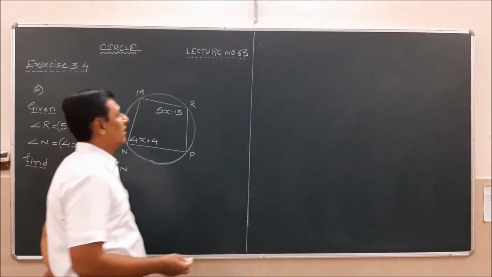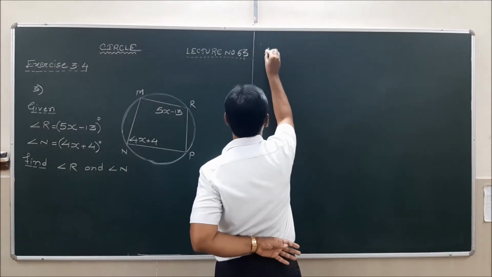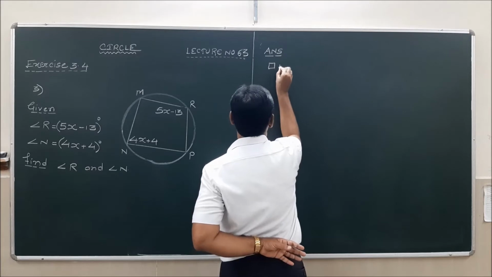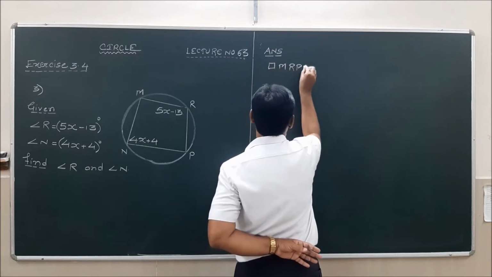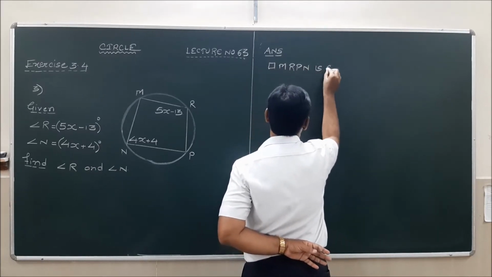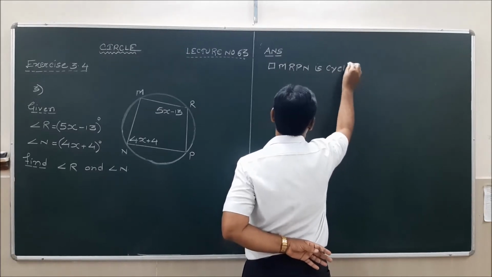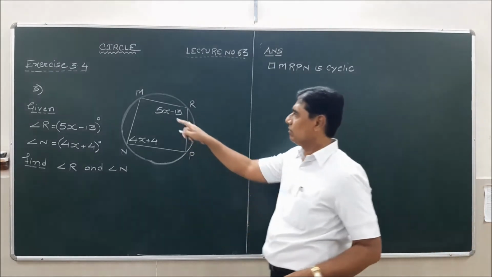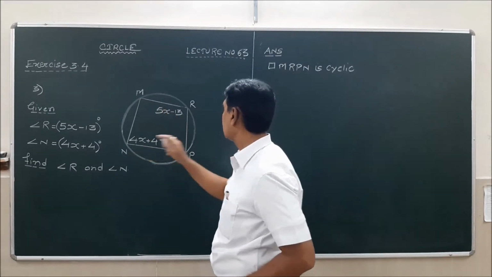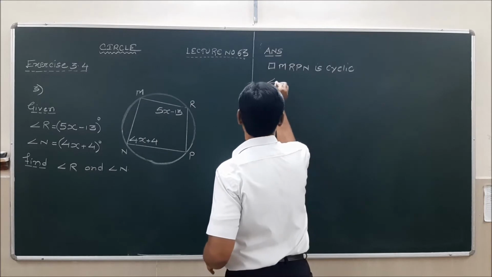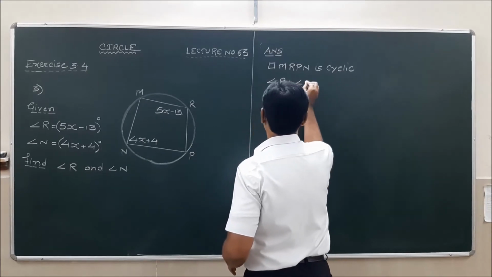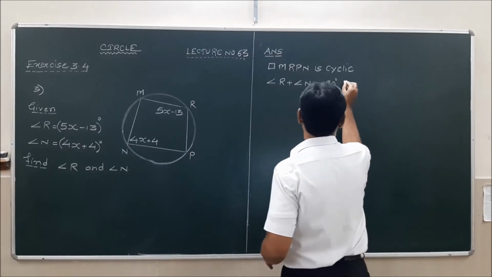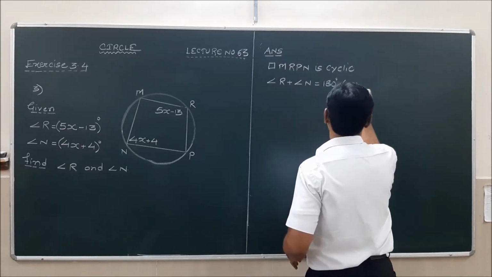Okay, let's begin. Answer: quadrilateral MRPN is cyclic. Cyclic is a very simple concept: all vertices are lying on a circle. Therefore, angle R plus angle N is equal to 180.